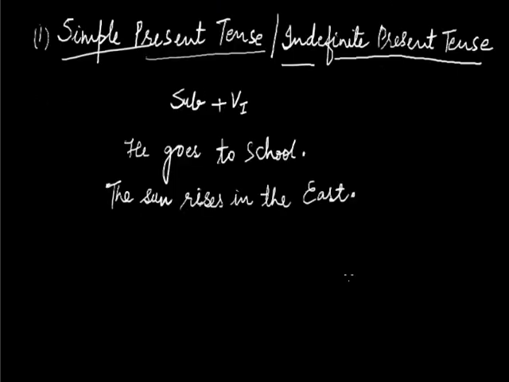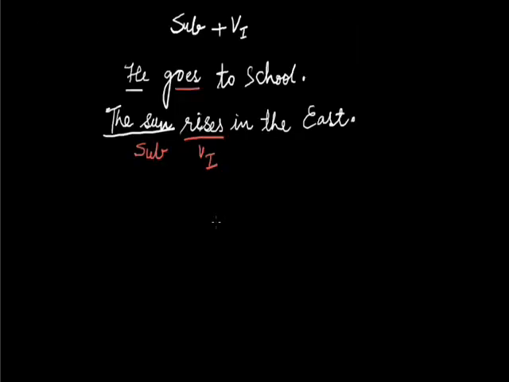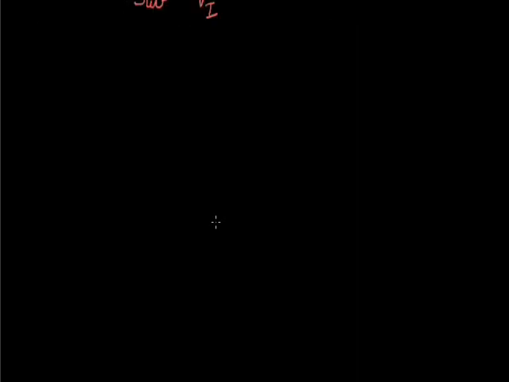In these sentences, as we can see, he and the sun are the subjects, and goes and rises are the first form of the verb. So from the formula we can conclude that the sentences are in simple present tense.